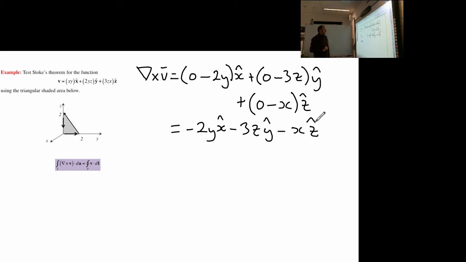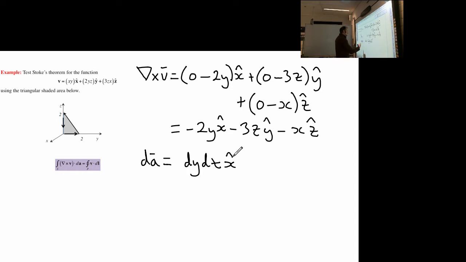Okay, now what's our infinitesimal surface area element, dA? Well, we can see that both y and z are changing, whereas x is constant. So the infinitesimal surface area element is dy dz in the x hat direction. So now what we must do is integrate the dot product of the curl of our vector and the infinitesimal surface area element over that surface with respect to dy and dz.